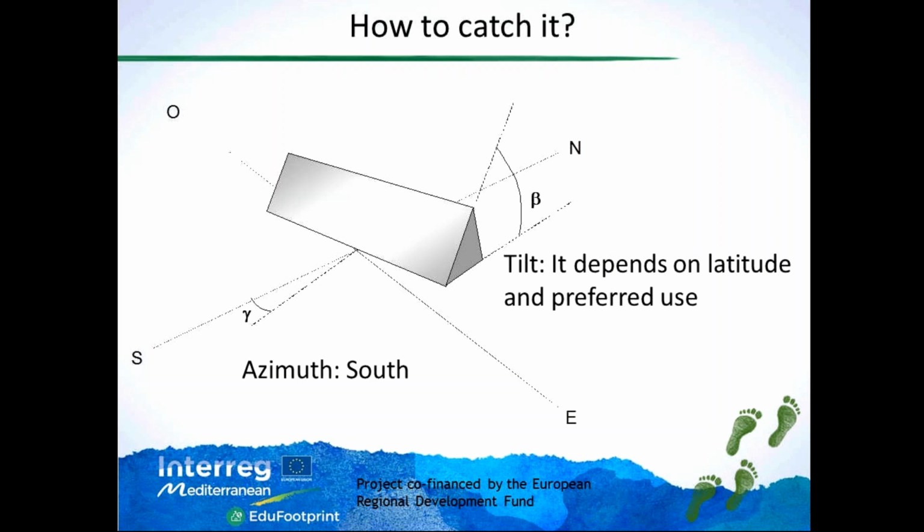So, of course, the first thing is how to install these solar collectors. And now I'm talking about both solar thermal and photovoltaics, because there are some topics which are, let's say, common to both technologies. First of all, the best thing is to install these collectors in order to follow the path of the sun during the day, which means that the optimal orientation of these collectors should be towards south, so with an azimuth angle of 0.